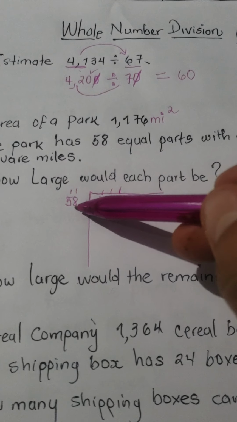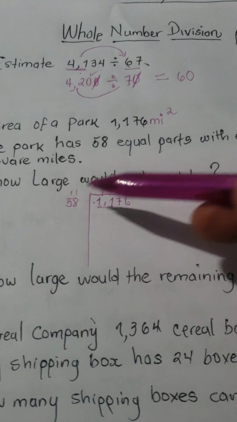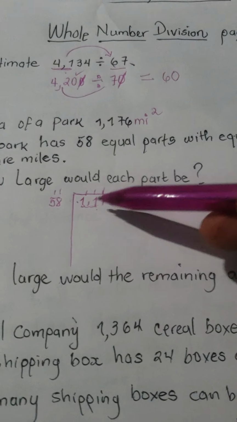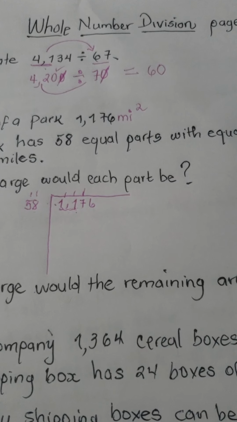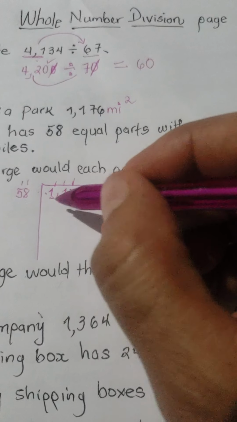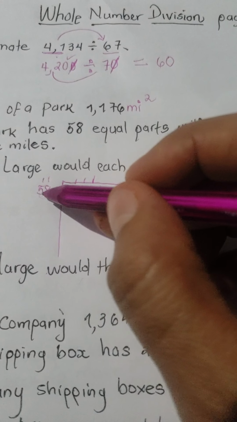How can we find a number that you can multiply by 58 and the result is going to be 117 or close to 117? I told you that when you have these very big numbers, you don't know the table of 58.